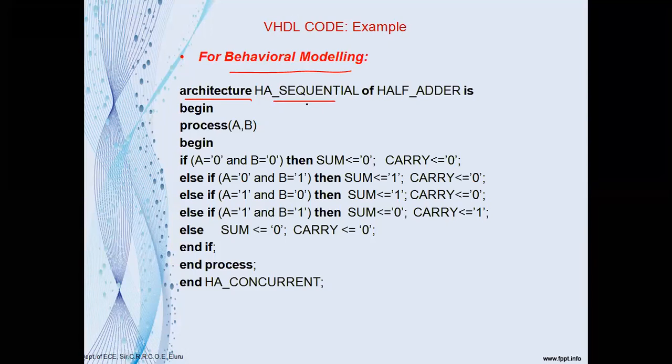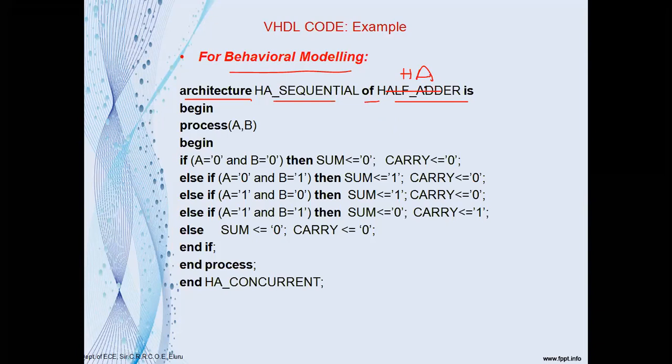What is the name of the architecture? Here we have considered half adder underscore sequential, of half adder, where half adder is the name of the entity, the circuit we are going to realize. In the last class, we have taken this entity name in a short form, which is AH, half adder.